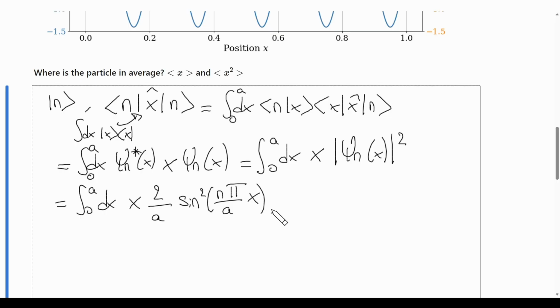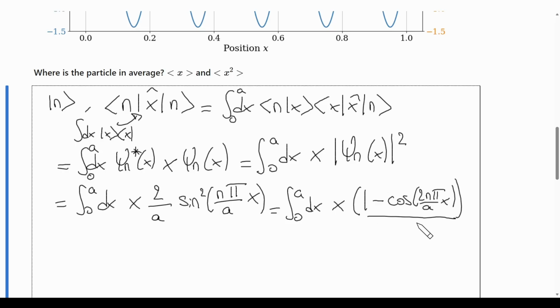And this we can use an identity for the cosine, which is (1 minus cos(2 n π over a x)) over 2. This will be simpler to integrate.